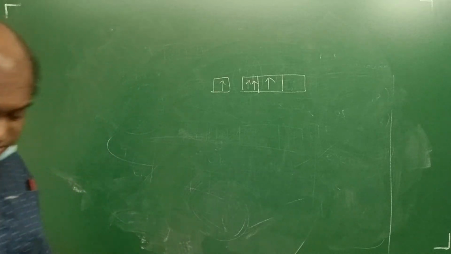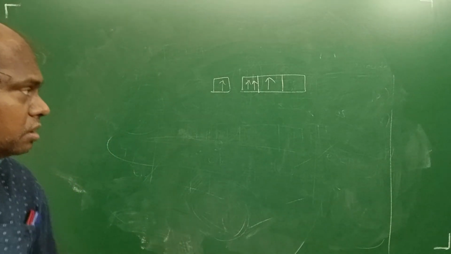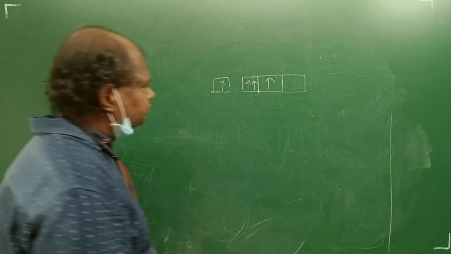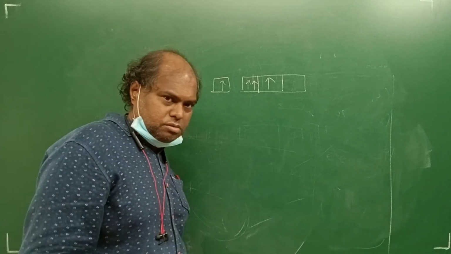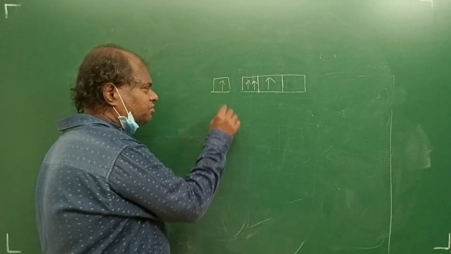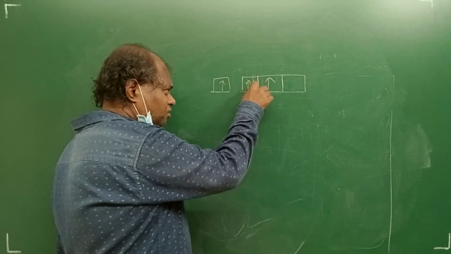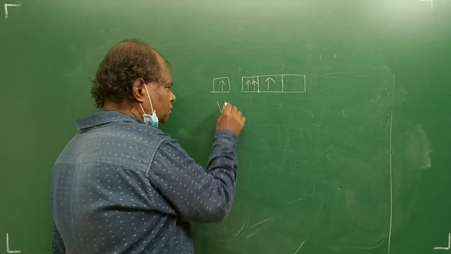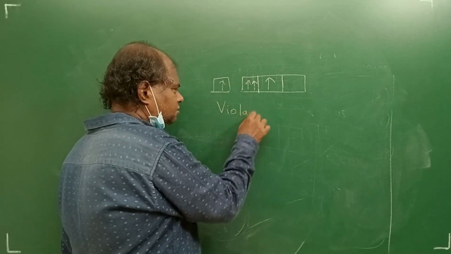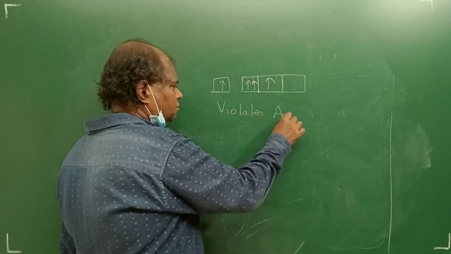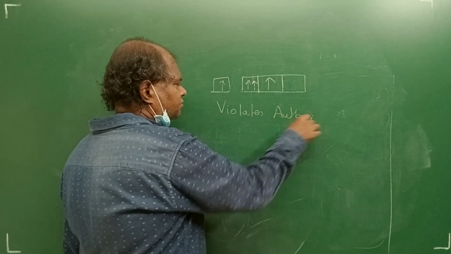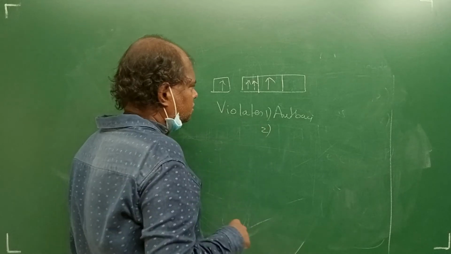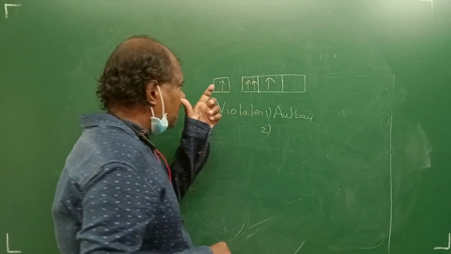Now I'll ask you one question. It's a very interesting question. This violates which rule now? It violates Aufbau. Why? Because without filling this, you can't go here.